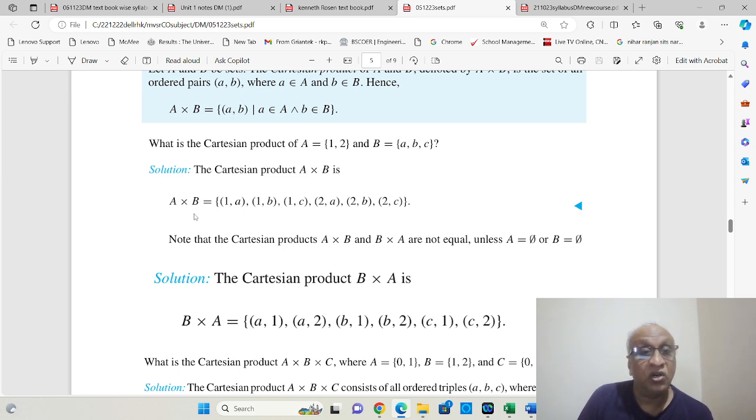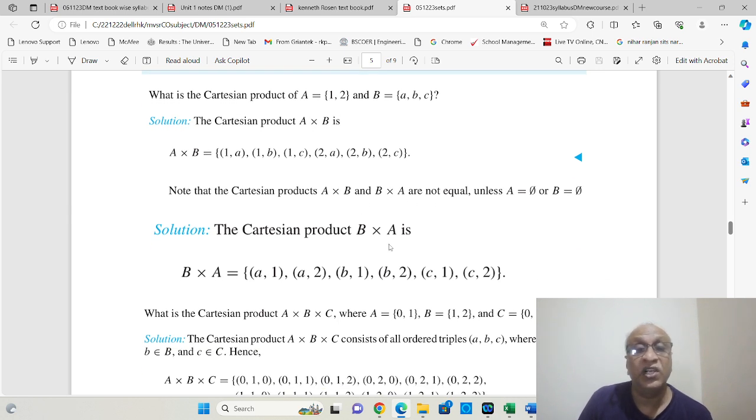The Cartesian product of A and B and the Cartesian product of B and A are not equal. If I take the Cartesian product of B and A, it is (a,1), (a,2), (b,1), (b,2), (c,1), (c,2). So I can see here that the Cartesian products of A and B, and B and A, are different.